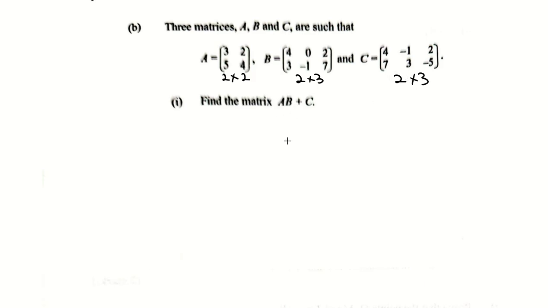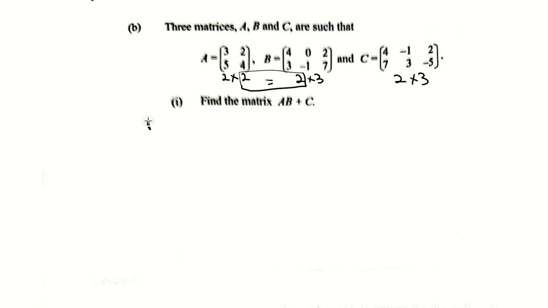They said find AB, alright, so A by B, A is a 2 by 2 and this is a 2 by 3. I like to see if it is conformable to multiplication, which just means that the number of columns in your first matrix, such as A, and the number of rows in your second matrix, B, are equal.